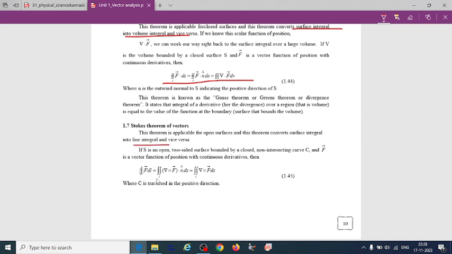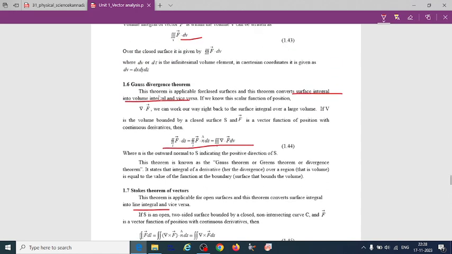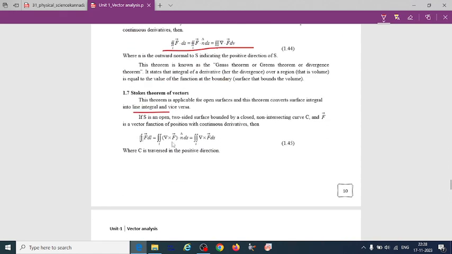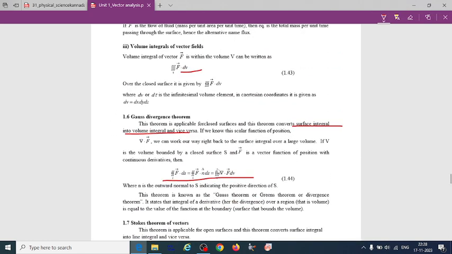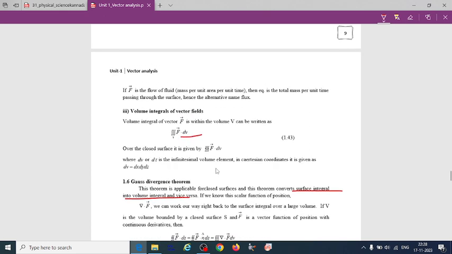So here, Gauss divergence: surface integral into volume integral. Here, surface integral into line integral, or line integral into surface integral. So here we will have del cross F. If you understand these important formulas, you can solve any of the given problems on vector algebra.